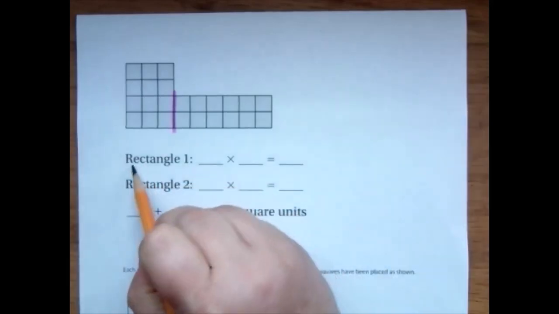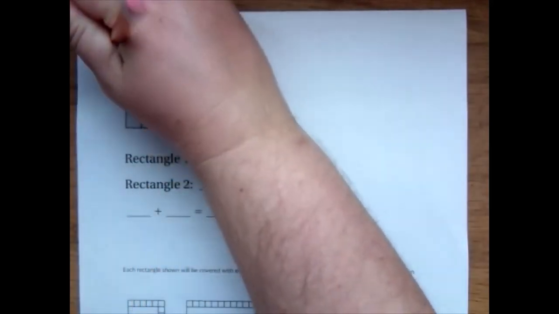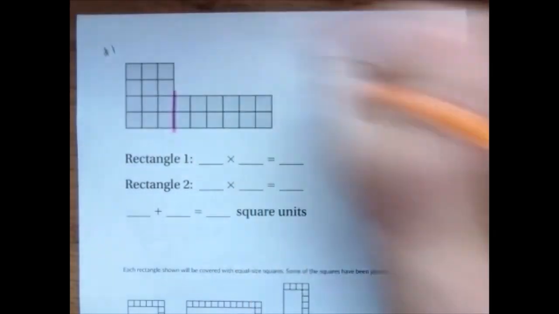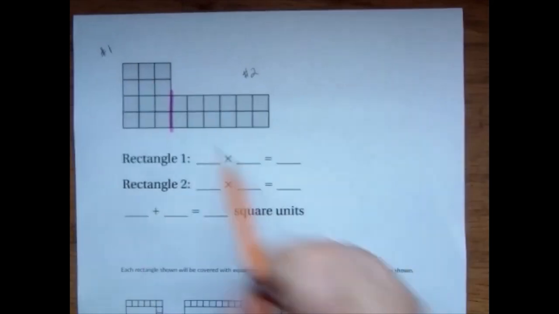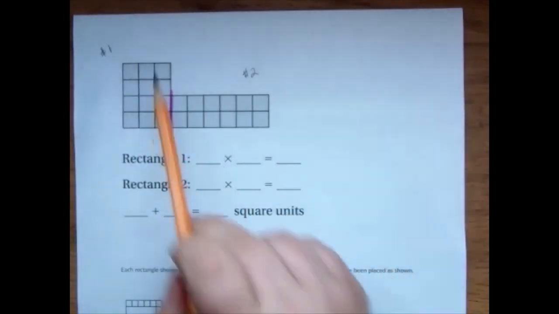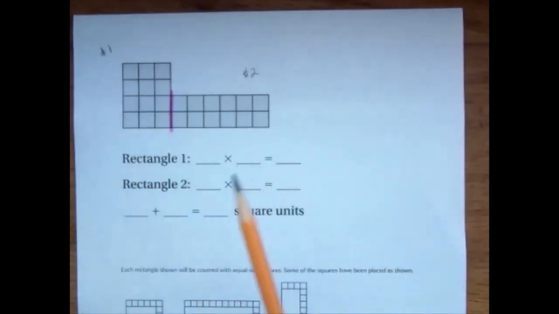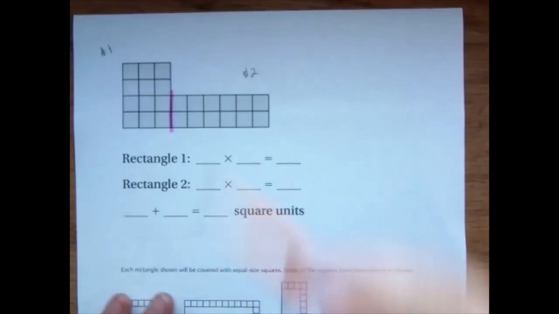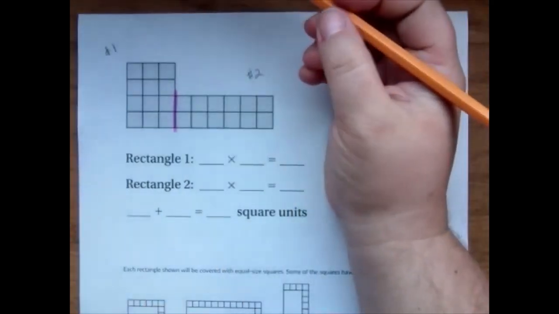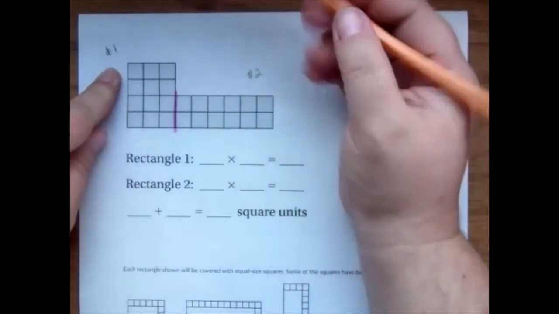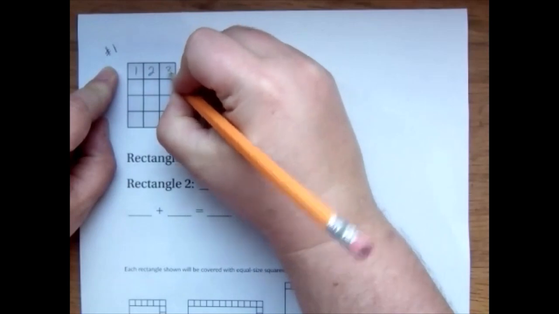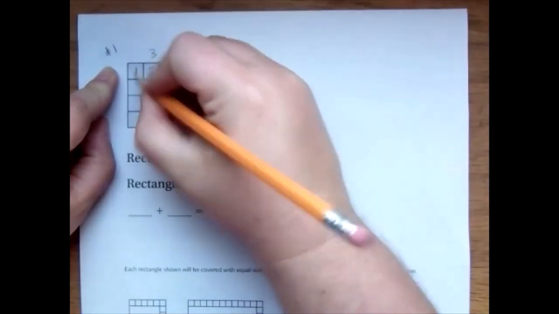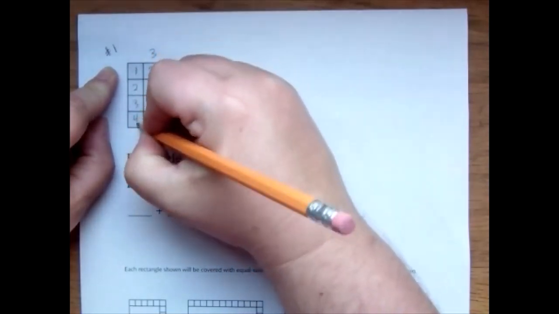So I'm just going to label because it says rectangle 1. So this one's going to be number 1, and then this one's going to be number 2, just so I know where I'm going to be writing the information down to help me solve the area problem. So first, let's see my rows and columns for this first rectangle. 1, 2, 3 columns. 1, 2, 3, 4 rows.